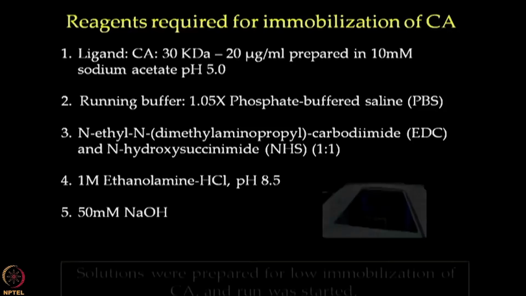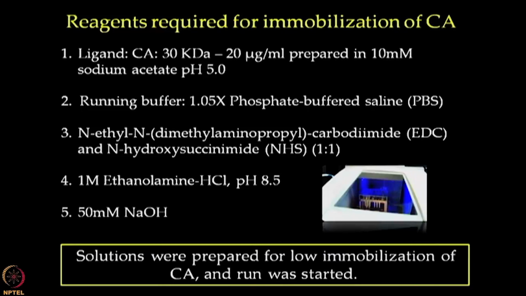After preparation of these samples and reagents, we transfer the sample tubes to the appropriate rack and start the run as shown for beta 2 microglobulin immobilization in earlier lectures. We will hence look at the immobilization results obtained from this run.